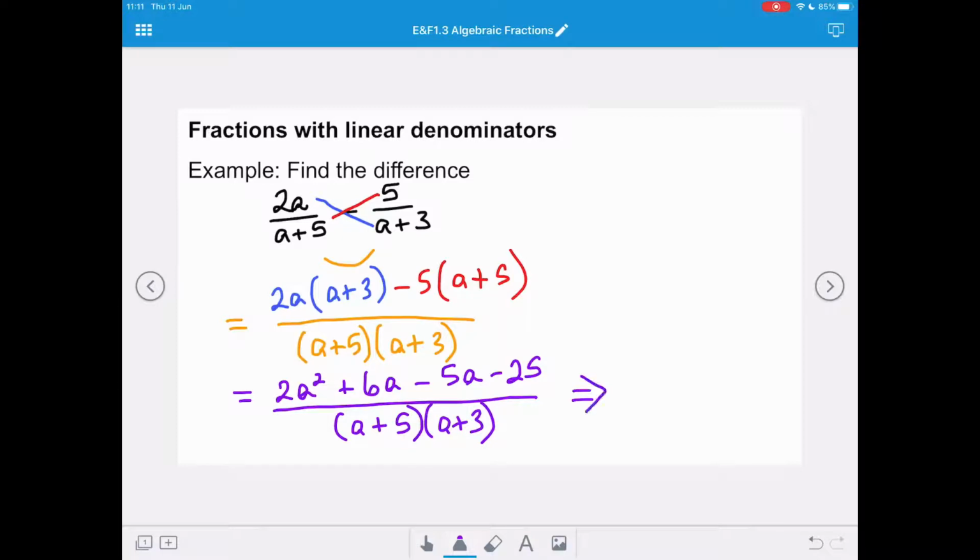Then we're going to collect our like terms. We've got a plus 6a and a minus 5a that we can collect together to give us an a. So our final answer is 2a squared plus a minus 25 all over a plus 5 upon a plus 3.